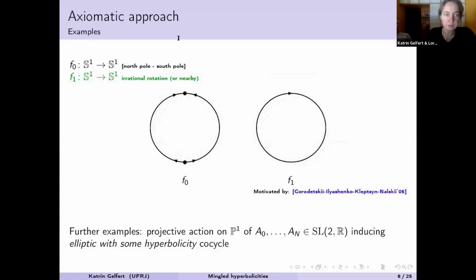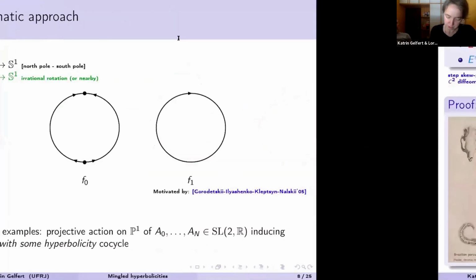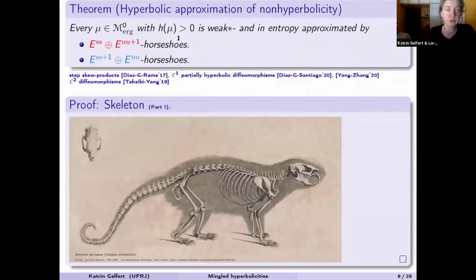We want to understand the basic pieces of ergodic measures and their relation to non-hyperbolic measures. So this is a rough form of the first result that we showed: the hyperbolic approximation of non-hyperbolicity.